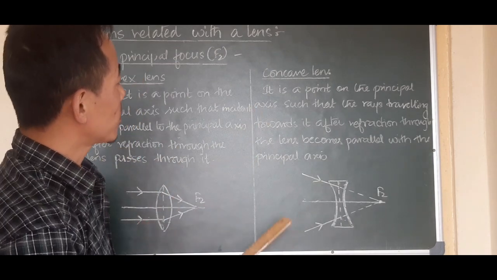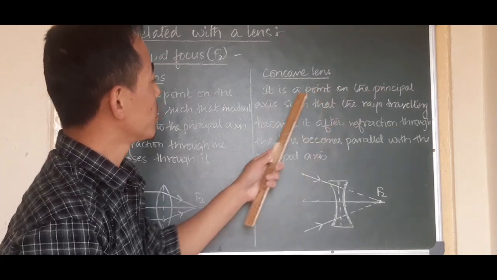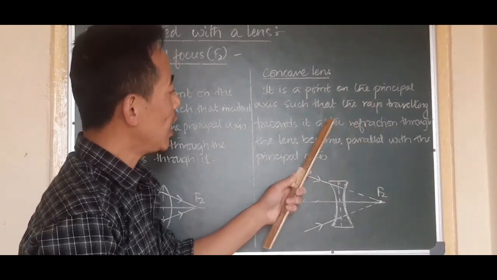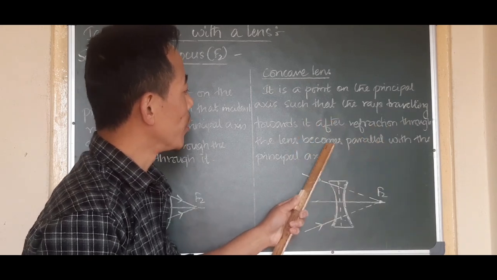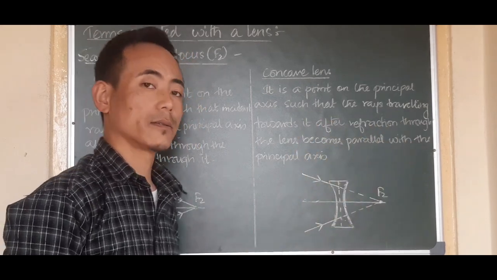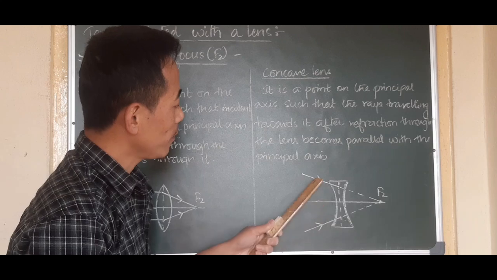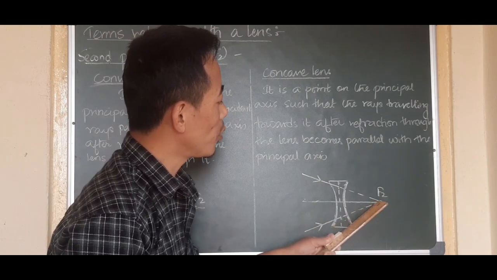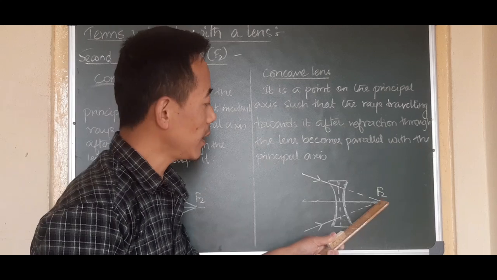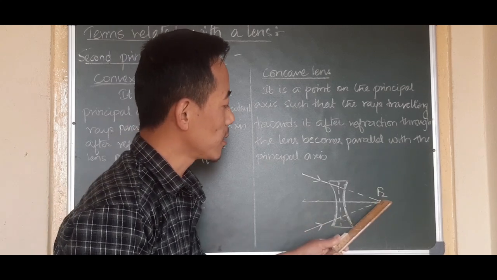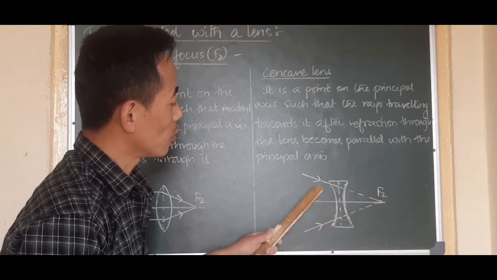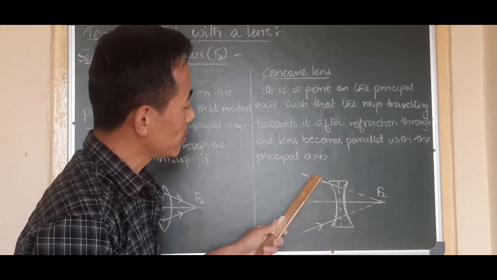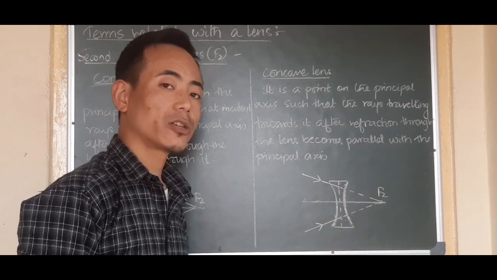Now for a concave lens, it is a point on the principal axis such that rays traveling towards it, after refraction through the lens, become parallel with the principal axis. Here in the diagram you can see we have two incident rays going towards the point F2. As the incident rays enter the lens, refraction will take place.